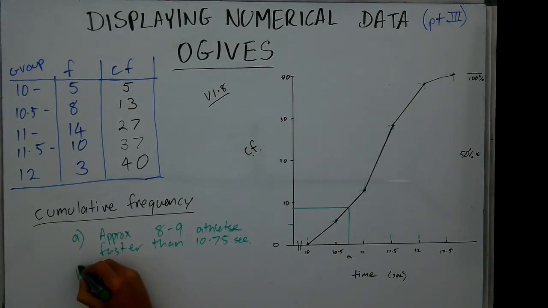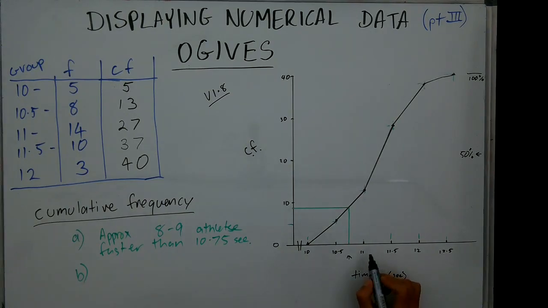Part B, how many athletes took longer than 11.2 seconds? Okay, so that's 11, and that's 11.5. Let's say 11.2 is about there.